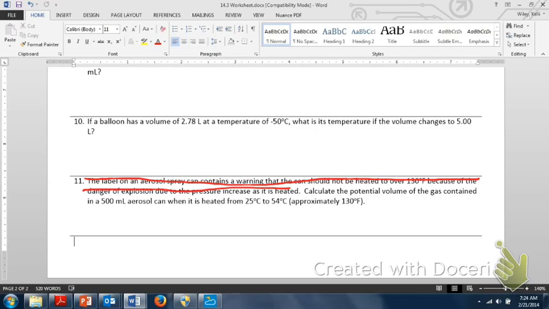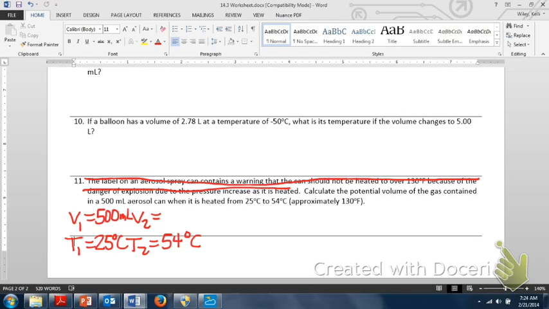Your V1, T1, V2, and T2 all come from it. Again, the milliliter, liter thing doesn't matter as long as you are consistent. So 500 milliliters is your volume, and the temperature goes from 25 to 54.